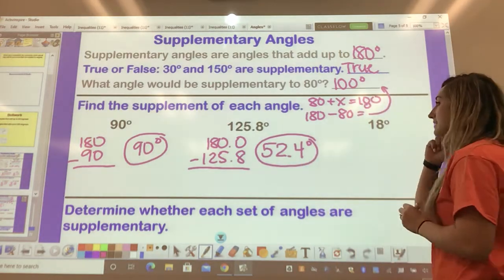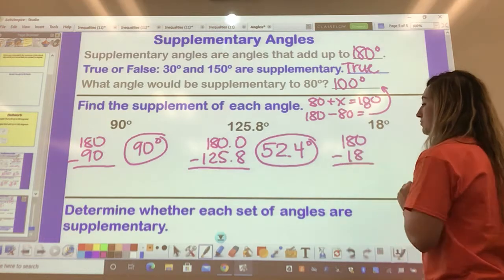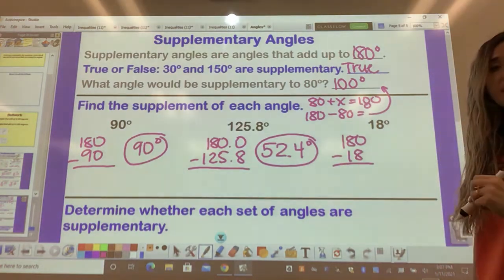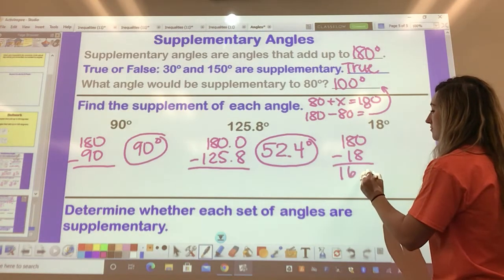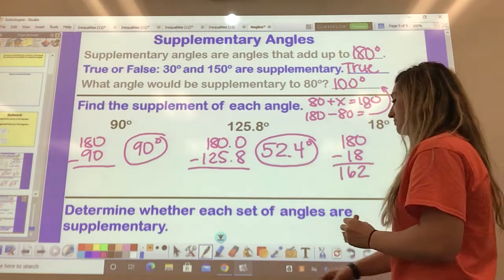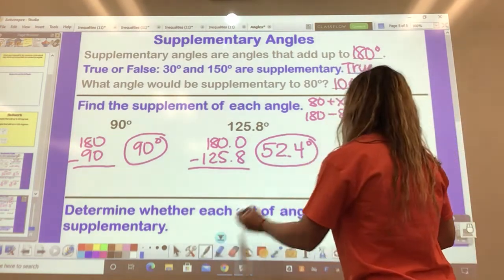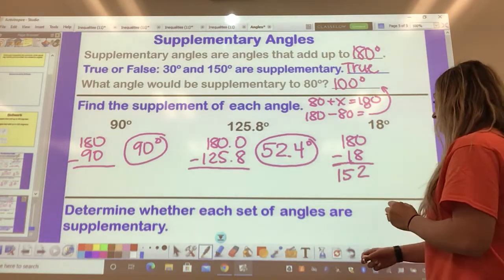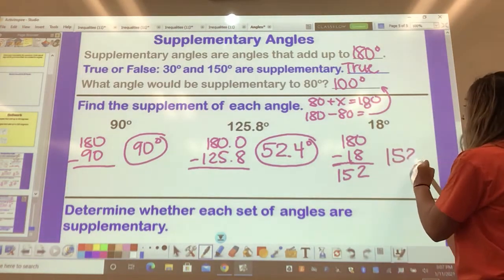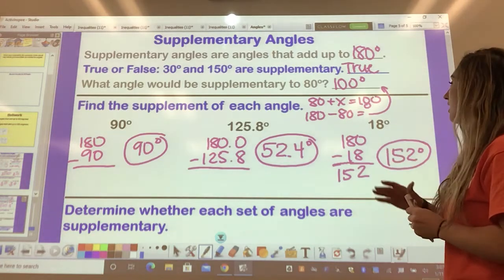All right, and then lastly, 18. To figure out the supplement, I would want to subtract it from 180, which would be 162. No, 152. So 152 degrees would be the supplement of 18.